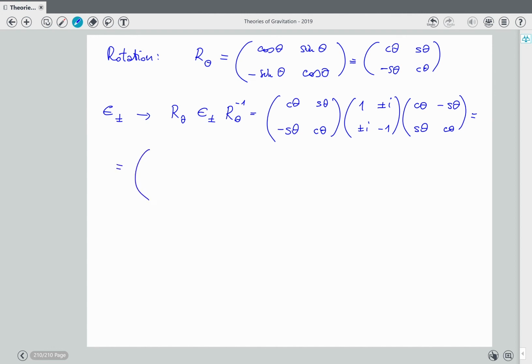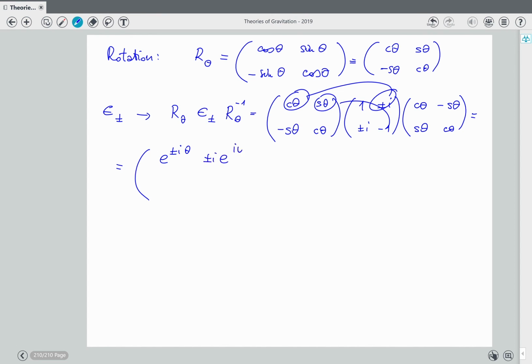Okay, let's make the first multiplication. You have cosine theta plus or minus I sine theta, which is e to the plus minus I theta. Then you multiply this by that and this plus that. So you have plus or minus I cosine.